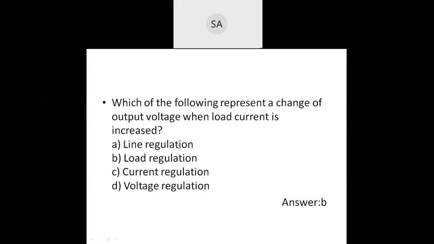We take the output across the load, so we have to use load regulation. So the option is B.